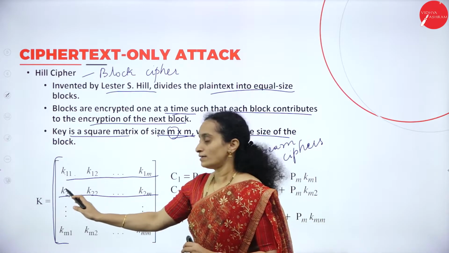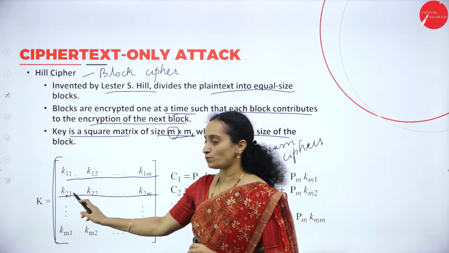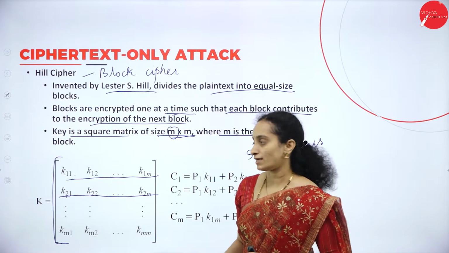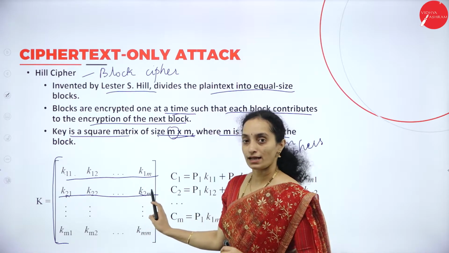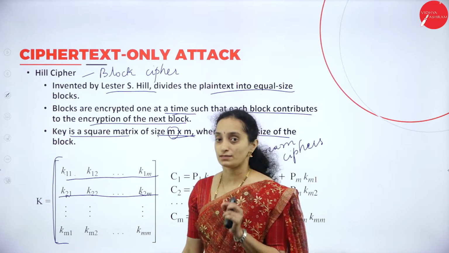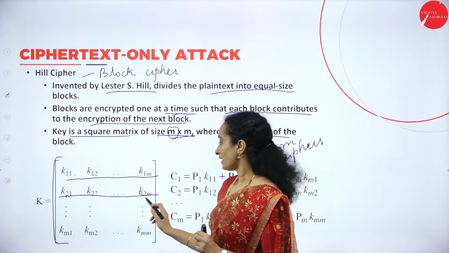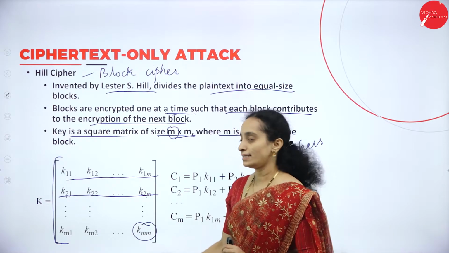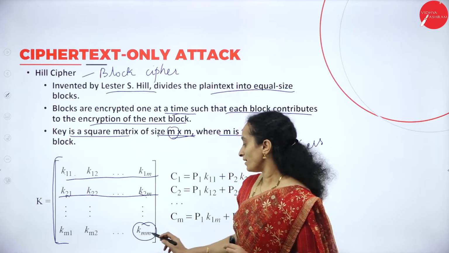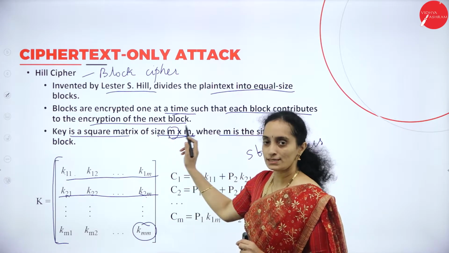And again, second row, first column K21. Second row, second column K22, like this. Last will be second row, mth key, that will be K2m. Like this, the last key will be K mm, with m rows and m columns.